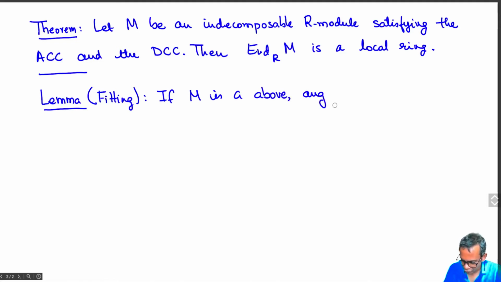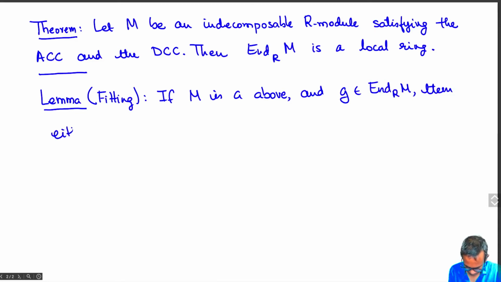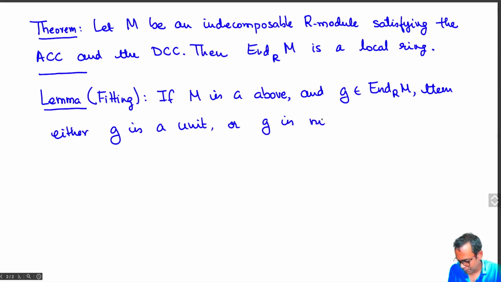and g belongs to End(M), then either g is a unit or g is nilpotent.